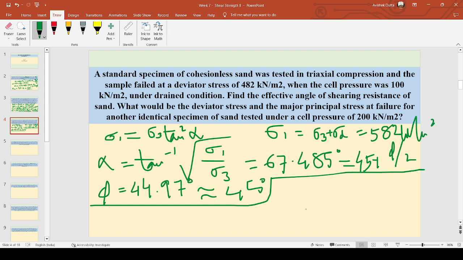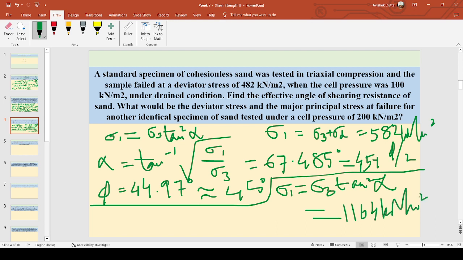Using the equation sigma 1 equals sigma 3 tan square alpha, sigma 3 is given as 200 and alpha is the same, 67.485. So sigma 1 will be 200 into 5.82, which is approximately 1164 kilonewton per meter square.